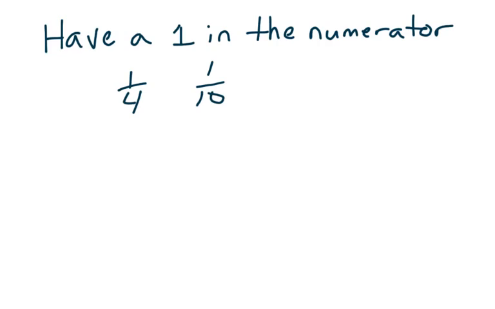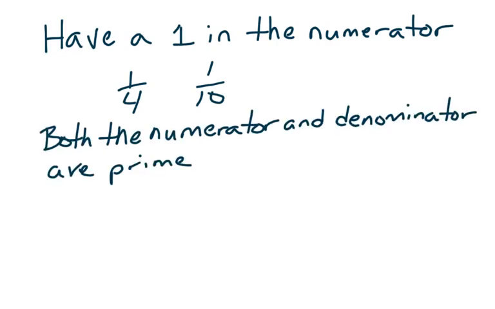Our fractions are also in their simplest form if both the numerator and the denominator are prime numbers. So, for example, if I had 3/5, 3 and 5 are both prime numbers. If I had 7/11, both of those are prime numbers. So both of those fractions would be in the simplest form.